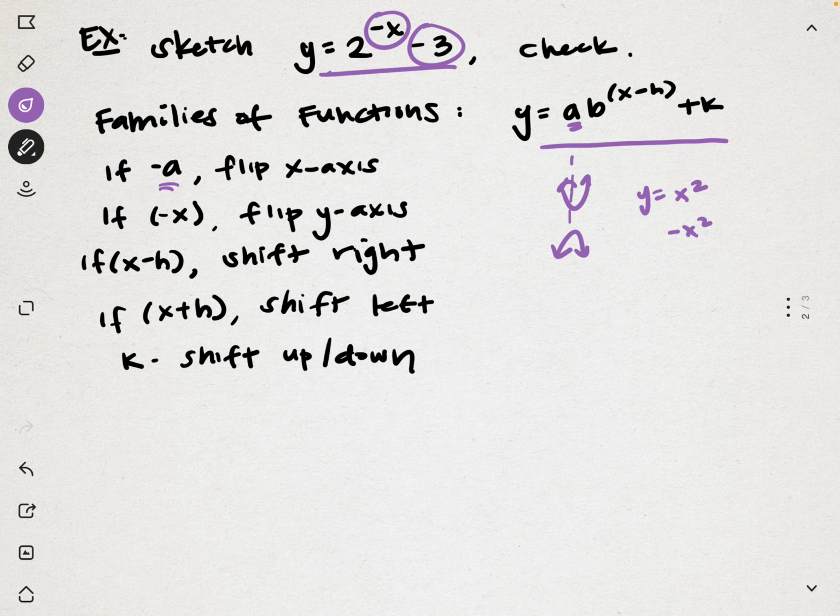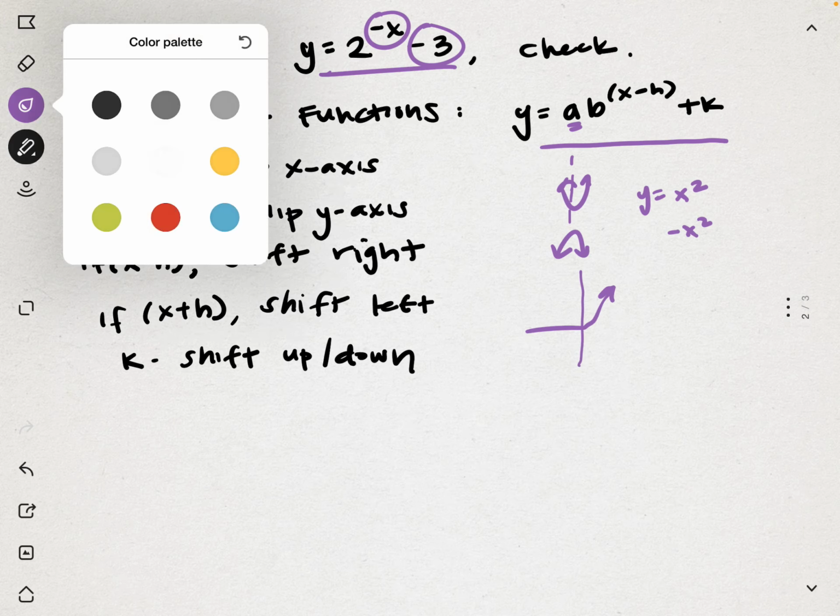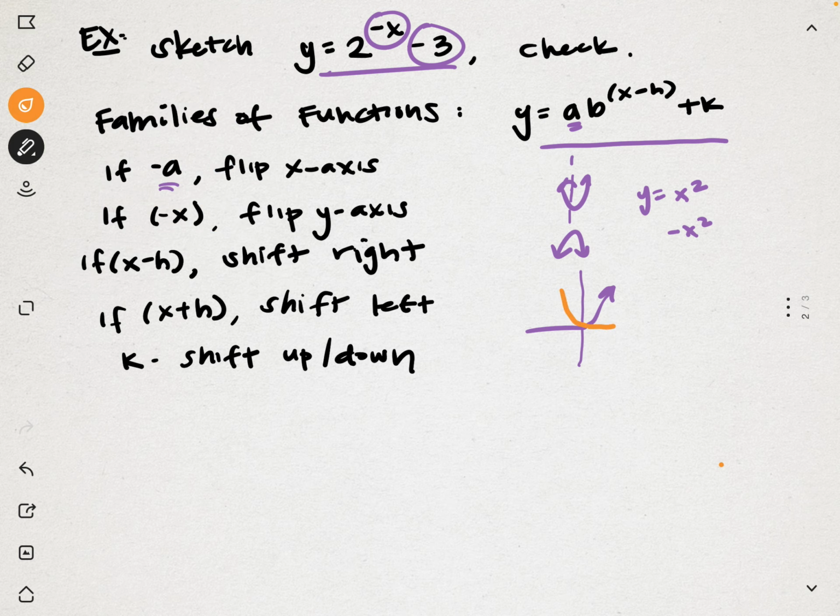So in this case, because we have a non-symmetric function for our exponential, it looks like this. If we have a negative in front of the x, it would flip it over the y-axis. So let's say this is our y-axis here. It would flip it over the y-axis so that it would look like that instead.